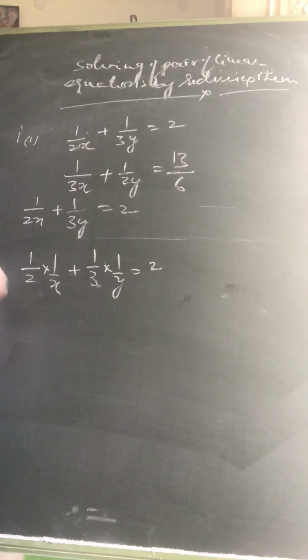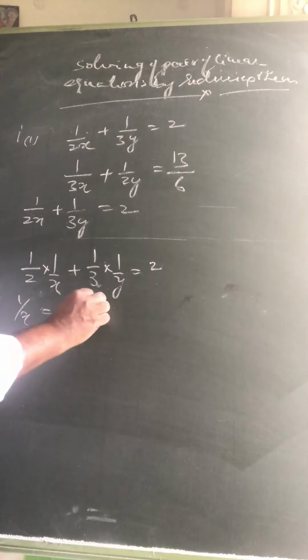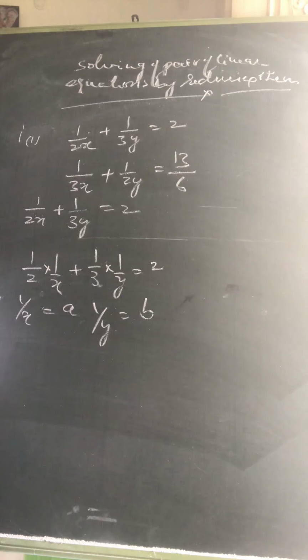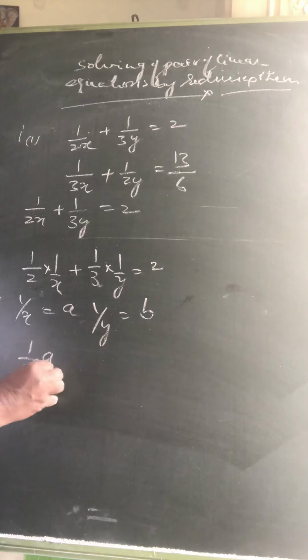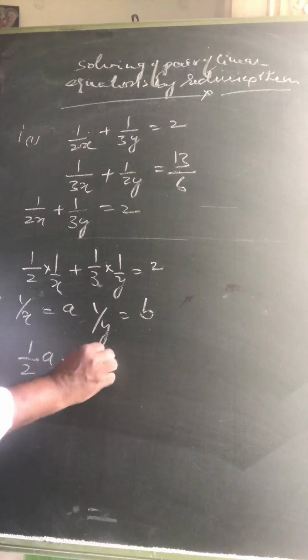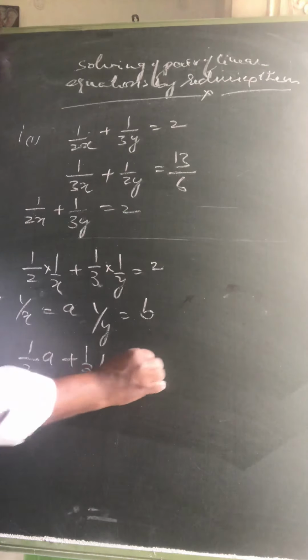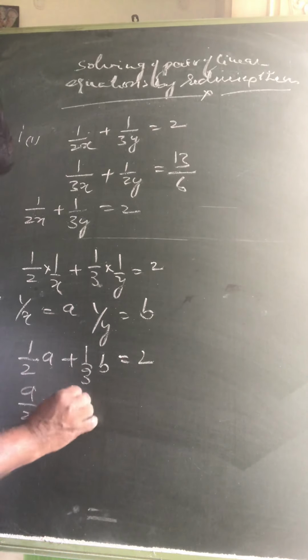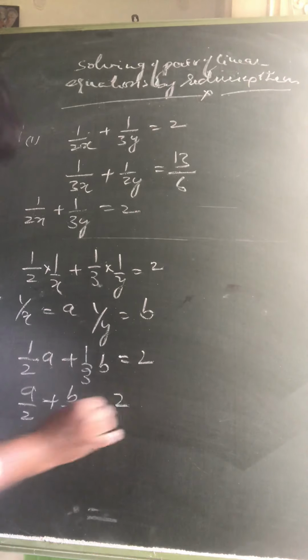Let 1 by x be a and 1 by y be b. Then this equation becomes 1 by 2 into a plus 1 by 3 into b is equal to 2. That means a by 2 plus b by 3 is equal to 2.